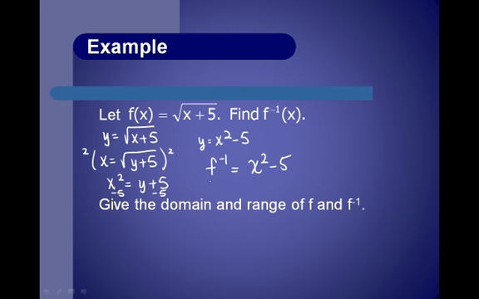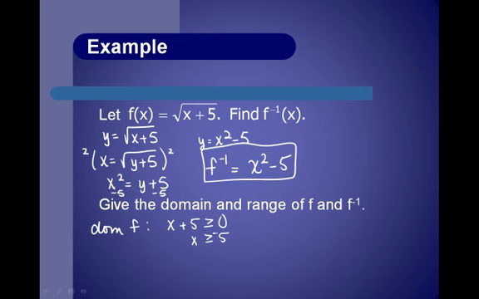So then we come down here, we talk about the domain of f. Well, f has a square root, and remember, you cannot have a negative number under the square root, so the domain for f would be all x values that make x plus 5 greater than or equal to 0, which means x is greater than or equal to negative 5.